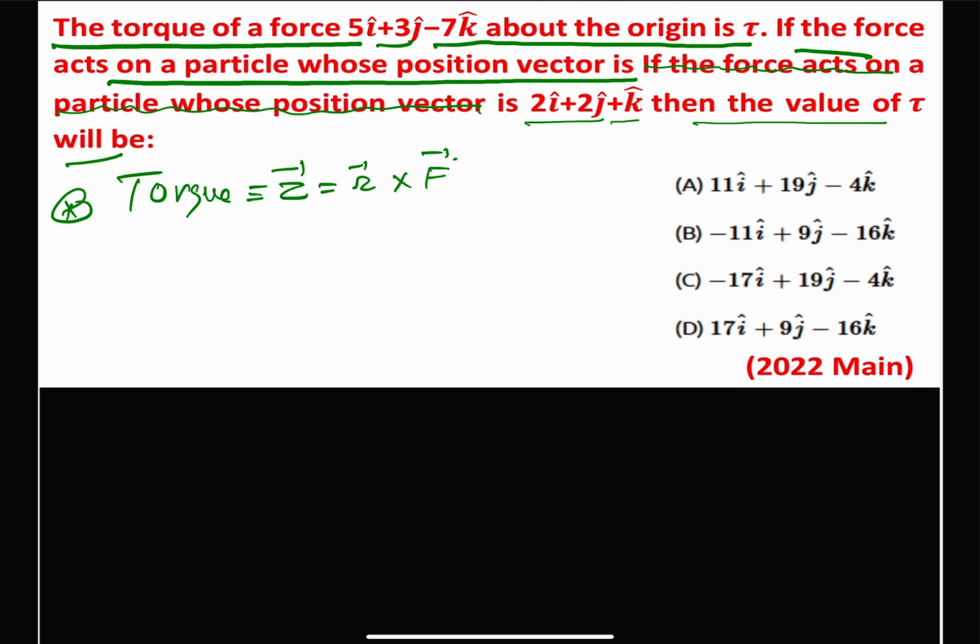We can write R cross F as the determinant with rows i, j, k; then R, which is 2, 2, 1; and then 5, 3, minus 7.